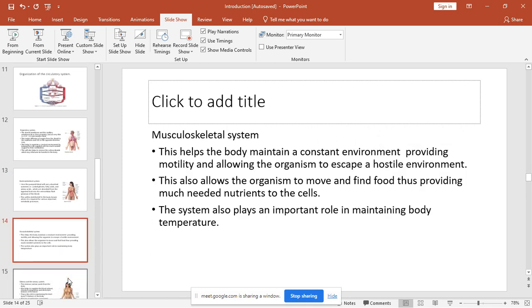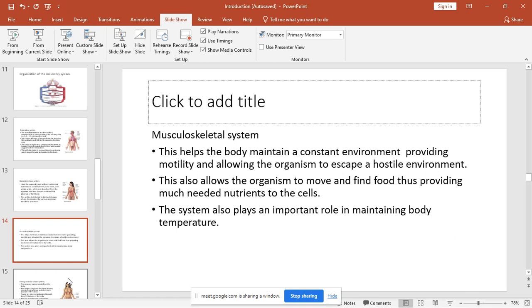We can also talk about the musculoskeletal system. The musculoskeletal system is basically made up of our muscles and our bones. So it's a combination of muscles and bones. Why are they important? We've been talking about how all the other systems are helping to keep a constant environment with the muscles. They're important because your muscles must function.